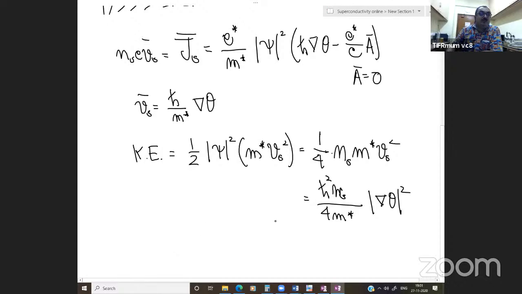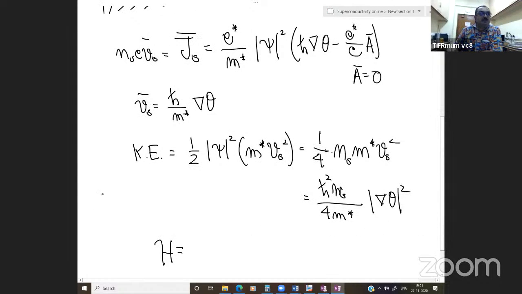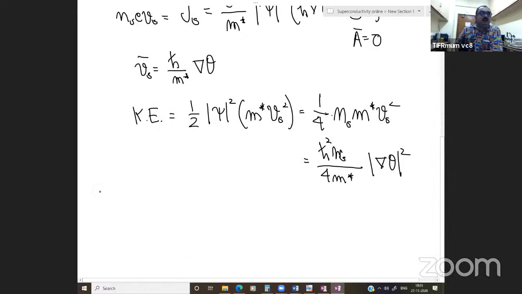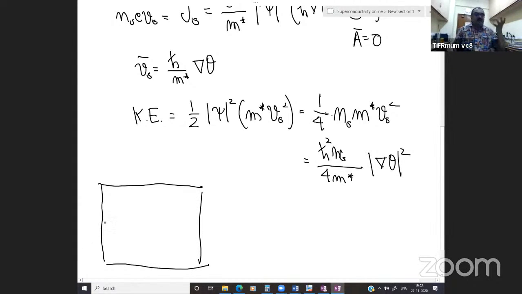Now, if this is the kinetic energy, I can then write the Hamiltonian, at least the classical Hamiltonian, for phase fluctuation. If I have phase fluctuation, what do I mean by that? I am not applying a deliberate current anywhere. Suppose this is my superconductor, and fluctuations by definition are random.